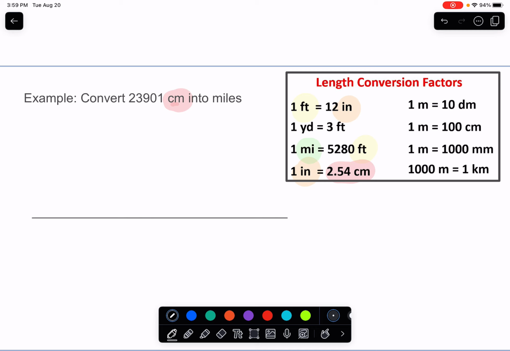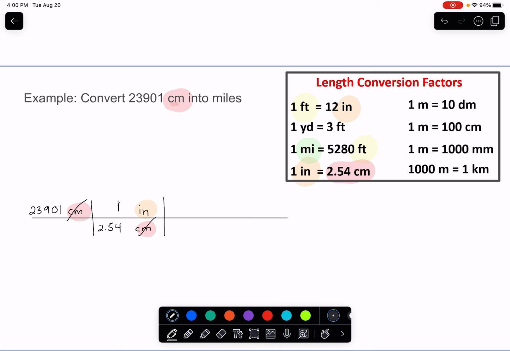Okay, so start with the number that is given to you in the problem, 23,901 centimeters. I know I have to change centimeters to inches first. Centimeters is the unit that needs to cancel out, so it goes on the bottom. Inches is what I'm changing into, and I know there are 2.54 centimeters in 1 inch. So centimeters will cancel out.